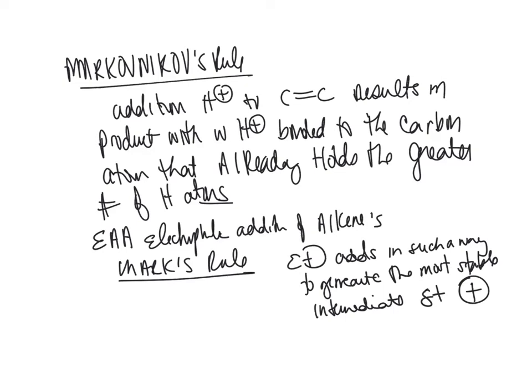Some reactions are going to be anti-Markovnikov. And so I'm going to give you an example of HBr that's anti-Markovnikov. Okay, so let's do the same starting material that we did before.